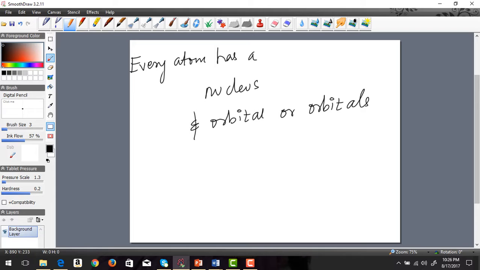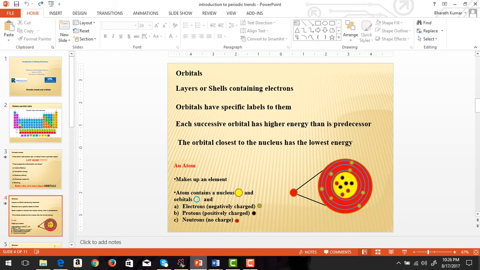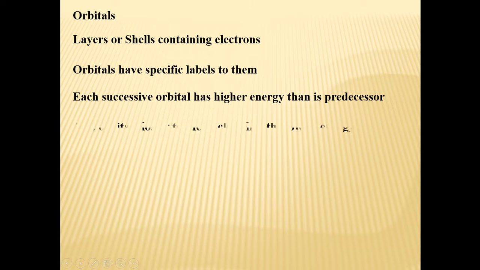There are two elements, as you will see as I do this, that only have a single orbital, whereas all other elements besides those two have orbitals, meaning plural. Okay, so let's go ahead and actually look at this slide that I created for you. It's also available on Moodle. So I'm going to get through this.